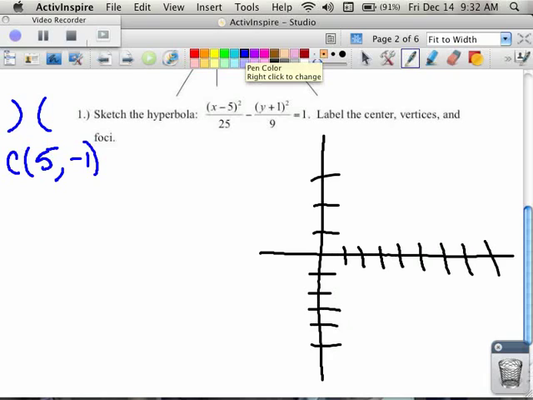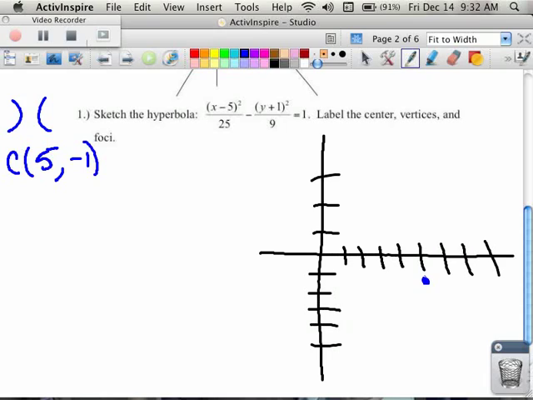And my center is at 5, 1, 2, 3, 4, 5, -1. And I put my center there. Just like with the ellipses, my center is not part of my hyperbola. But it will be extremely helpful to have that center because everything, again, is based on the center.